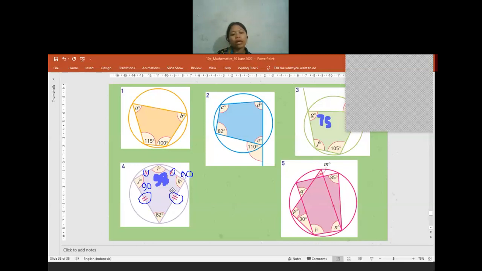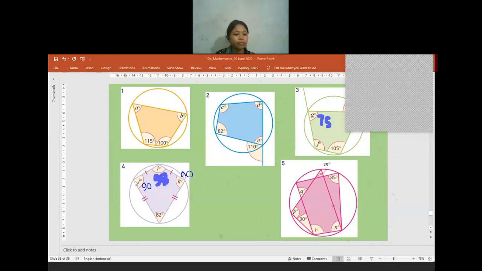Or maybe, before going to the P, it will be easier if you find the angle N. How many degrees is angle N?